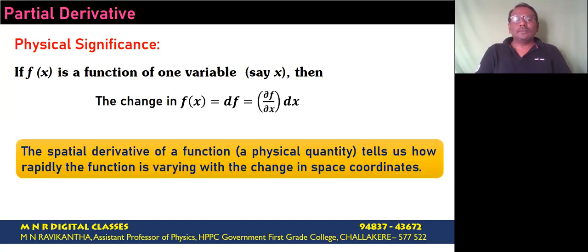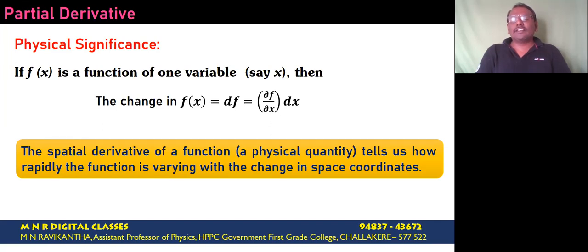So we can understand the significance of the partial derivative. The spatial derivative or the partial derivative of a function or a physical quantity tells us how rapidly the function is varying with respect to change in space coordinates.